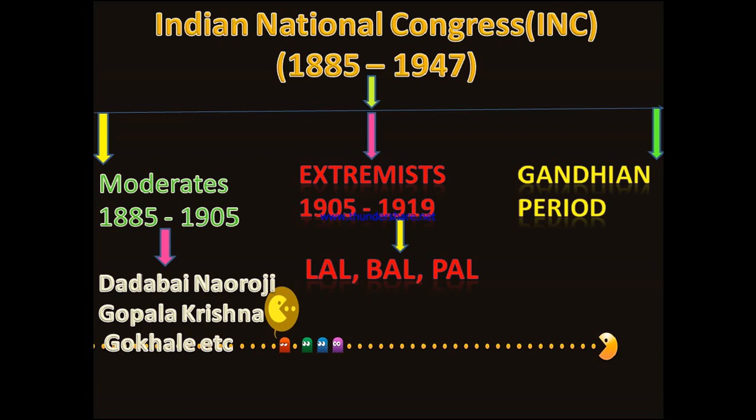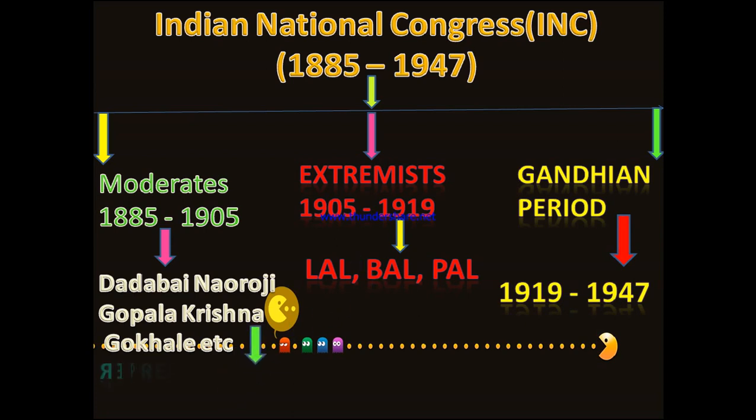These three were the famous leaders under the extremist group, and they were popularly known as Lal Bal Pal. And the Gandhian period extended from 1919 to 1947. Mahatma Gandhi was the main leader under the Gandhian period.